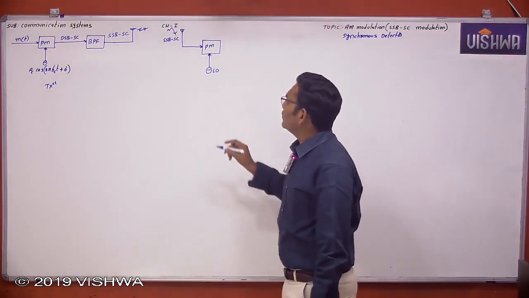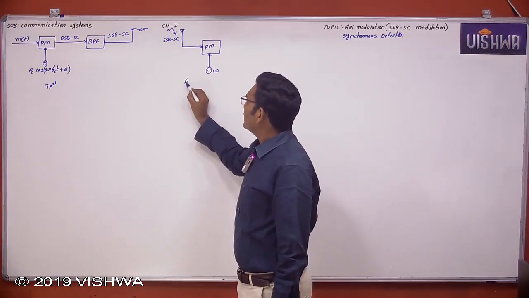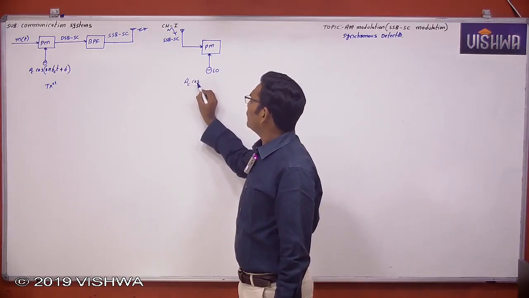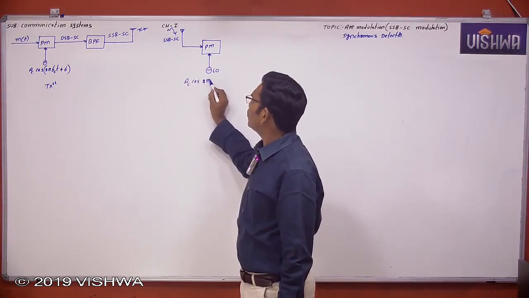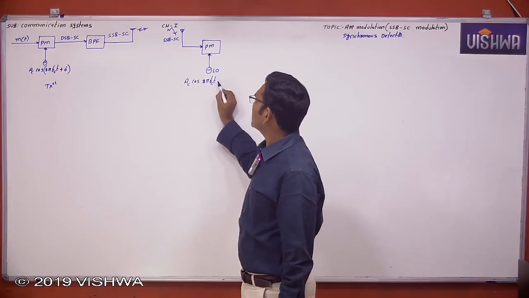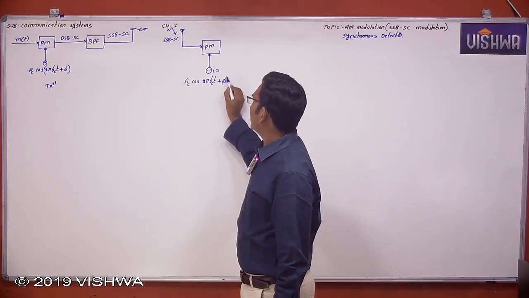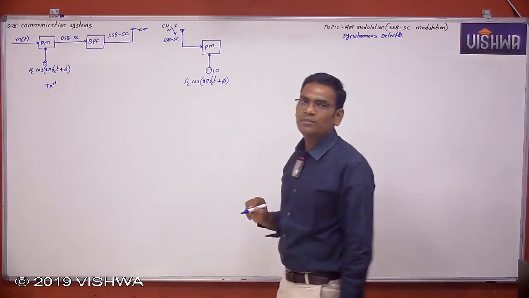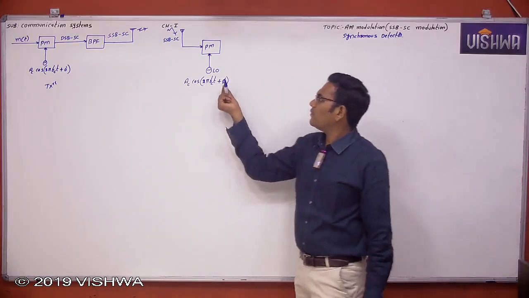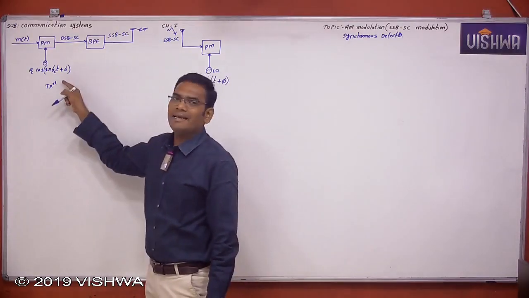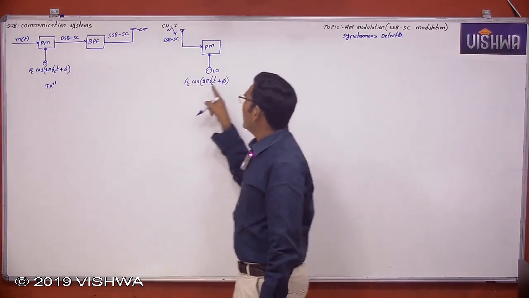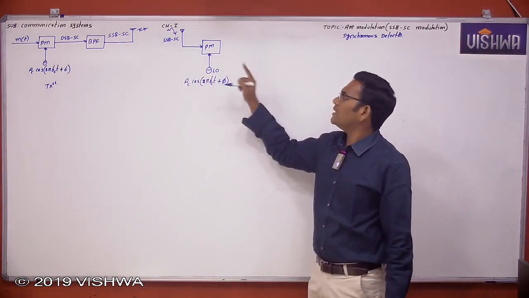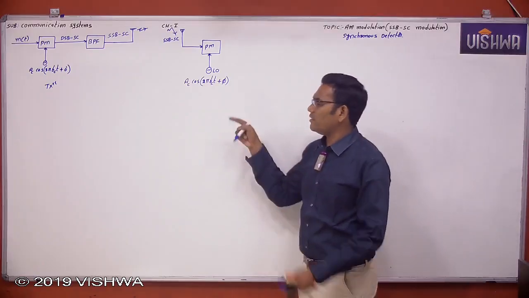If my local oscillator generates the same frequency and same phase, it is good. Otherwise we face some problem. But I am saying that there is a phase difference of phi between the carrier used at the transmitter and the carrier generated at the receiver by the local oscillator. There is a phase mismatch.